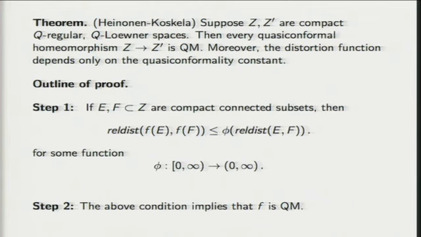Given a 4-tuple of points, you can promote it to a pair of continua by joining the first pair of points by a compact connected set, say a path, and joining the other 2 points by a compact connected set. By using the connectivity conditions from the previous slide, you can choose those sets so that the relative distance is related to the metric cross ratio. Okay. All right.